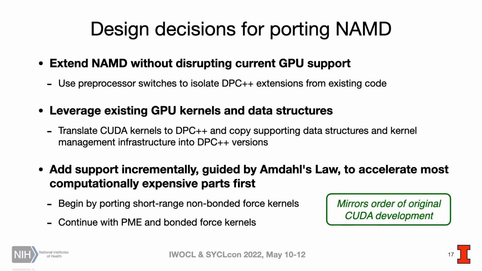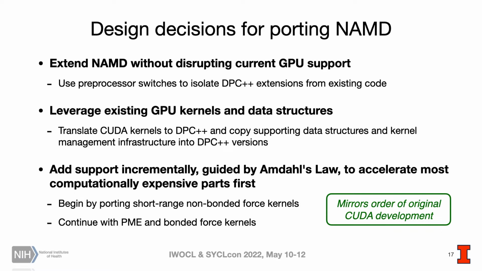We had three main design decisions for porting NAMD. The first was to extend NAMD without disrupting its current GPU support, which we achieved by using preprocessor switches to isolate the DPC++ extensions from existing code. The second was to leverage existing GPU kernels and data structures rather than rewrite them, which we achieved by translating CUDA kernels to DPC++ and copying supporting data structures and kernel management infrastructure into DPC++ versions.